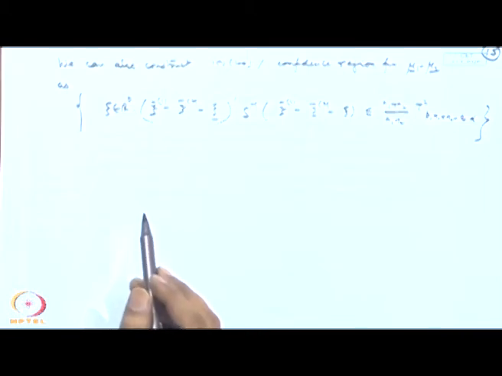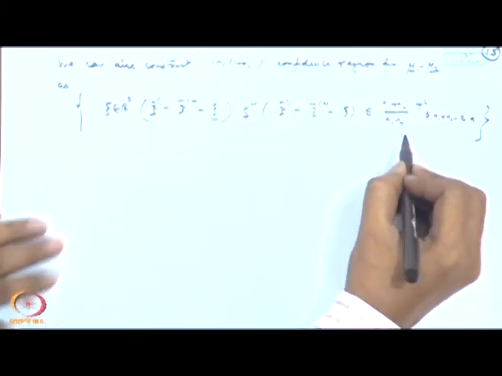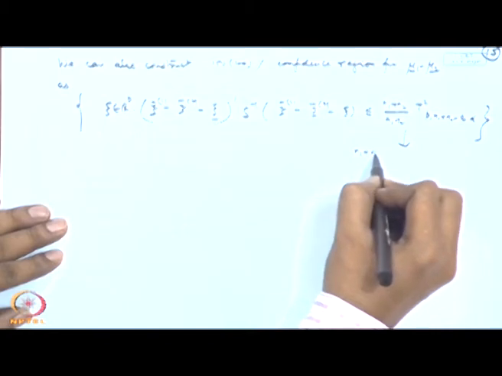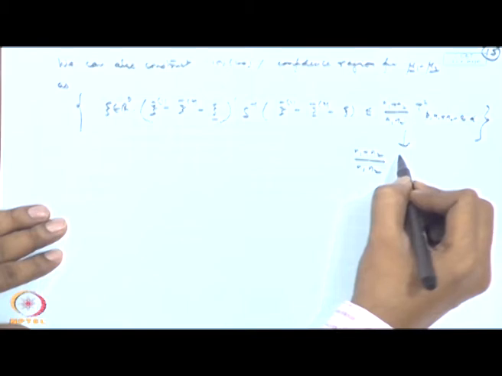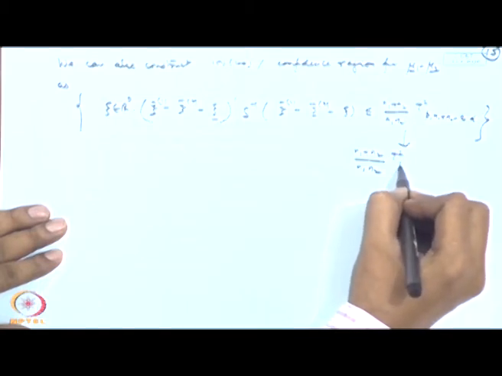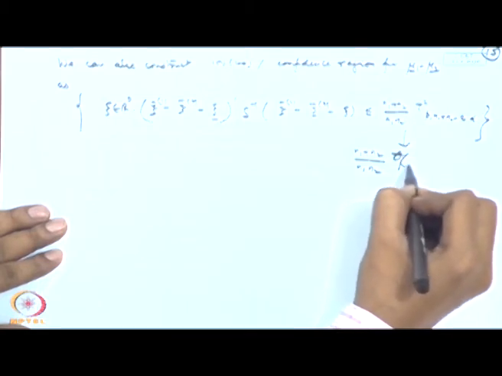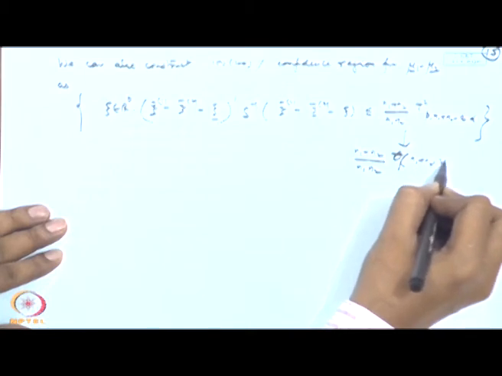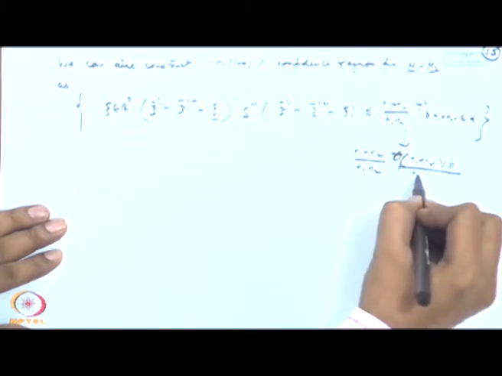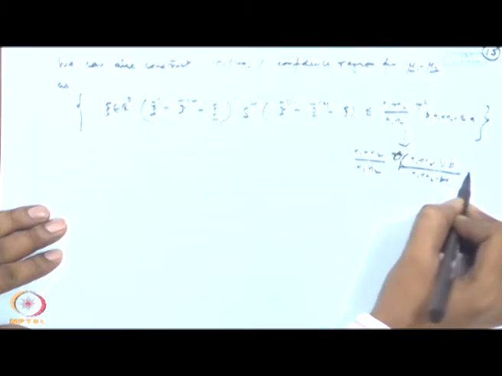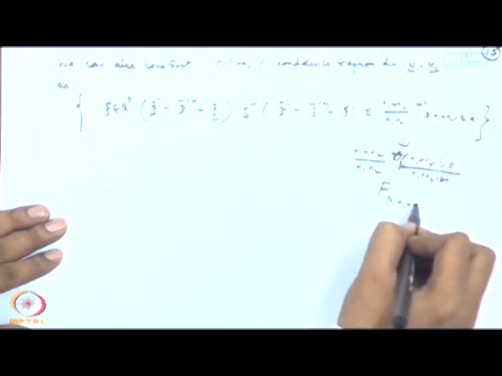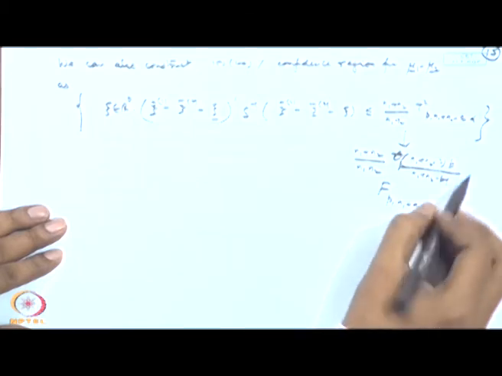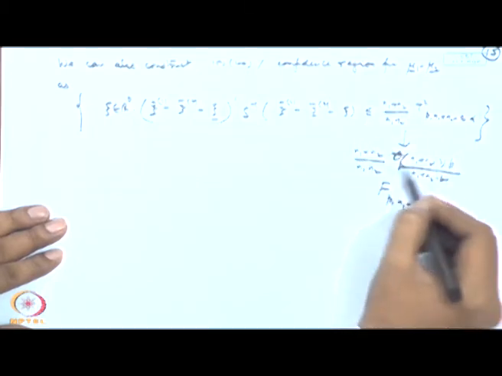We can also write this term as (n 1 plus n 2) by (n 1 n 2) into (n 1 plus n 2 minus 2) p divided by (n 1 plus n 2 minus p minus 1), F p, n 1 plus n 2 minus p minus 1, alpha. So, one can evaluate this using the tables of the F distribution.